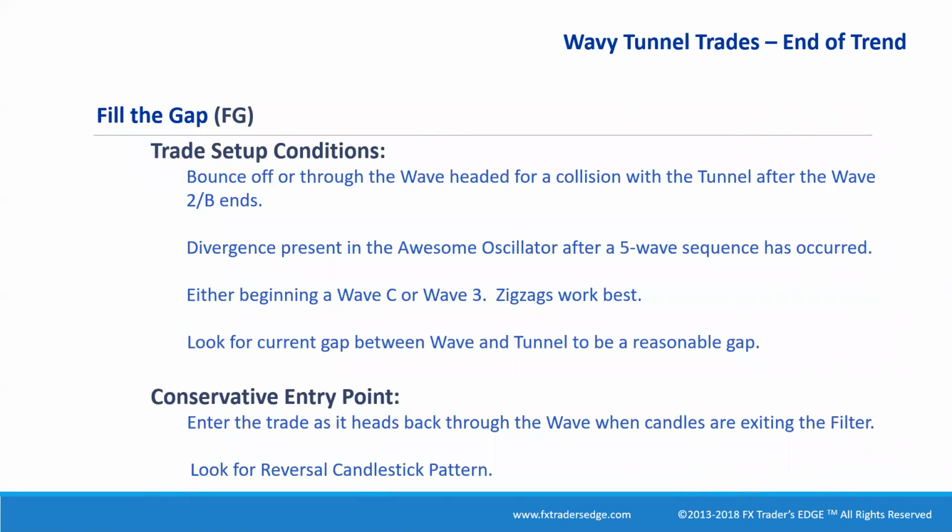Divergence is present in the awesome oscillator after a 5-wave sequence, and either we're beginning a wave C or a wave 3. So the first 3 waves are always the same, ABC, 1, 2, 3. Zigzags work best with the PW fill the gap trade. And we want to look for the current gap between the wave and the tunnel to be a reasonable gap.